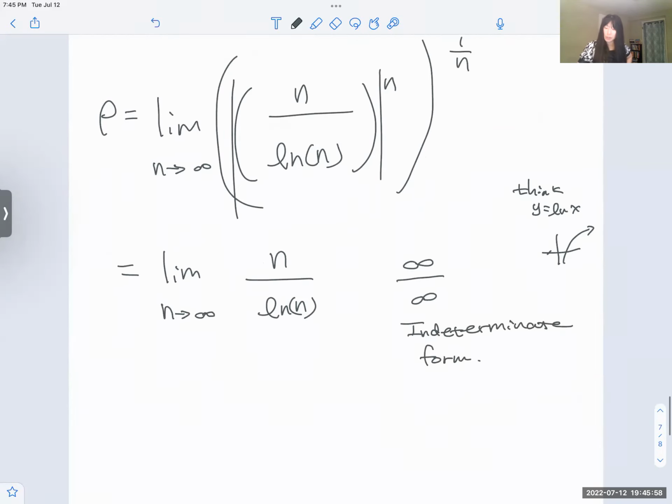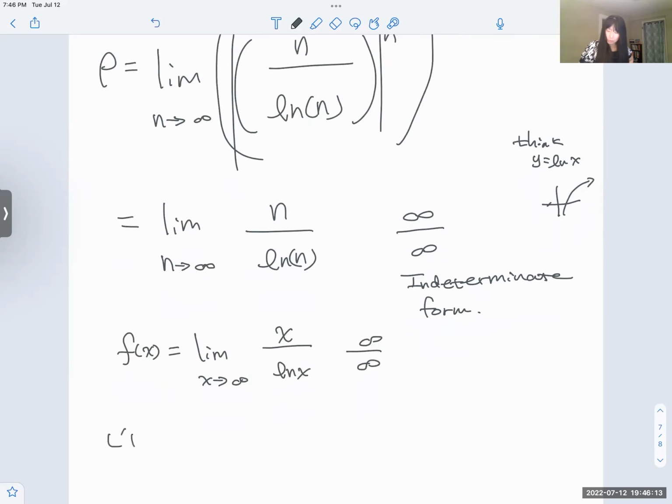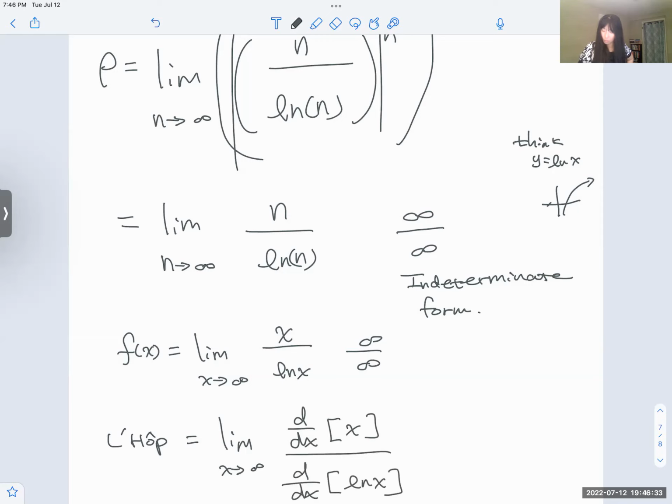So then we're going to change that to f of x equal to the limit as x approaches positive infinity of x over ln x. So infinity over infinity, so L'Hopital's rule. We do the derivative.